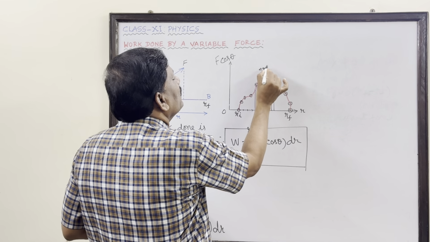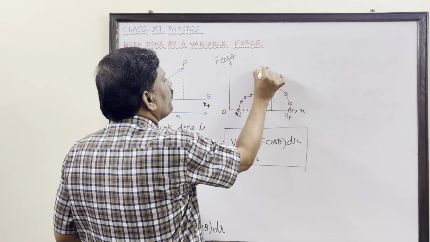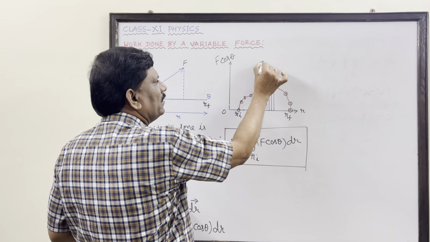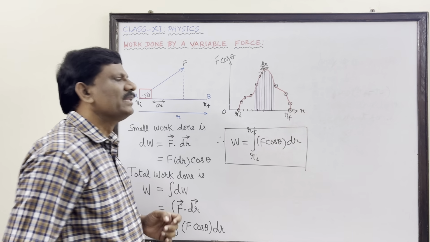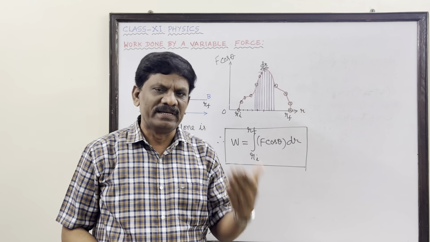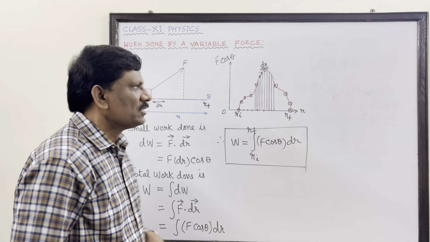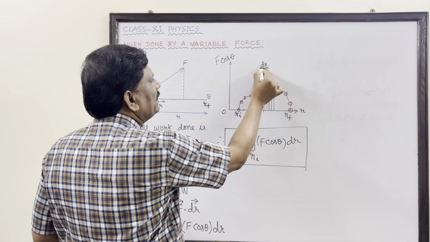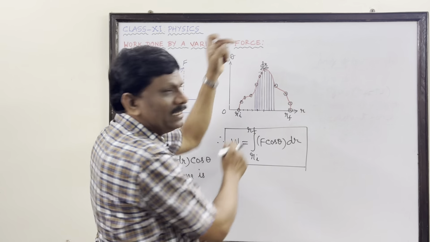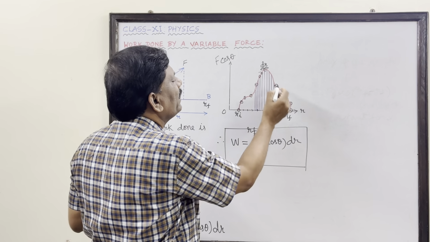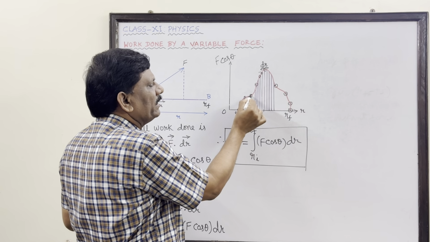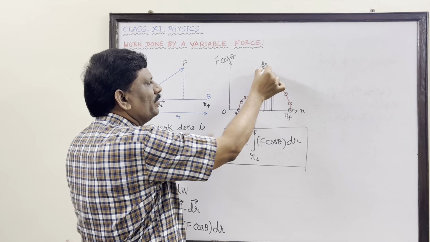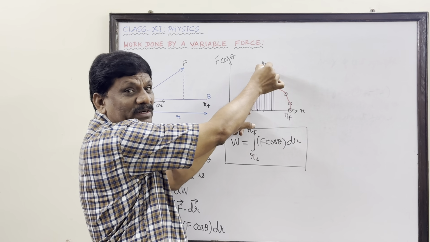I will take two close points like this, so that the spacing between the two points is equal to the infinitesimal displacement dr. So between these two points, the height is almost the same, isn't it? If you take this point and this point, their heights are too different.